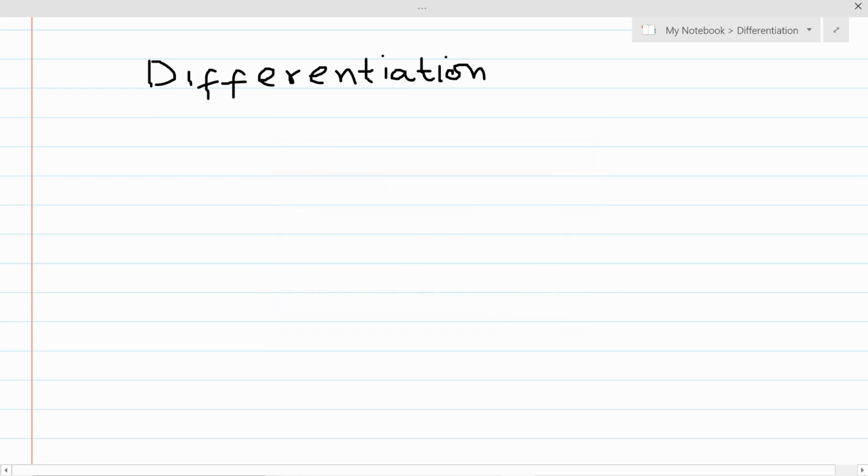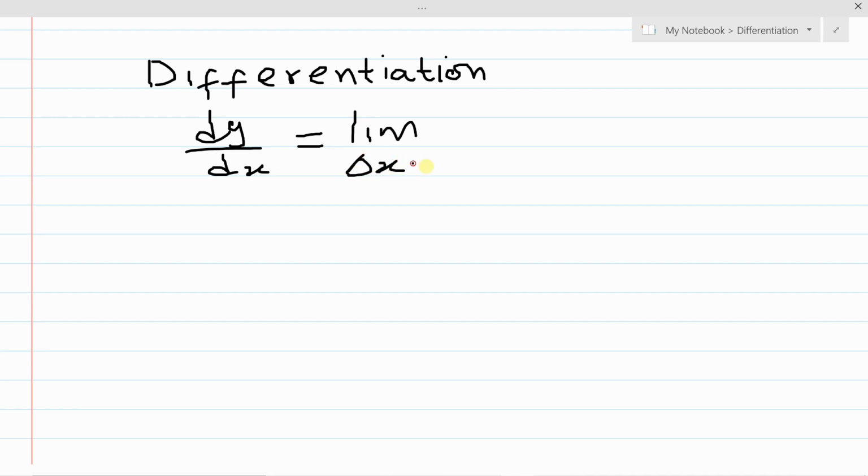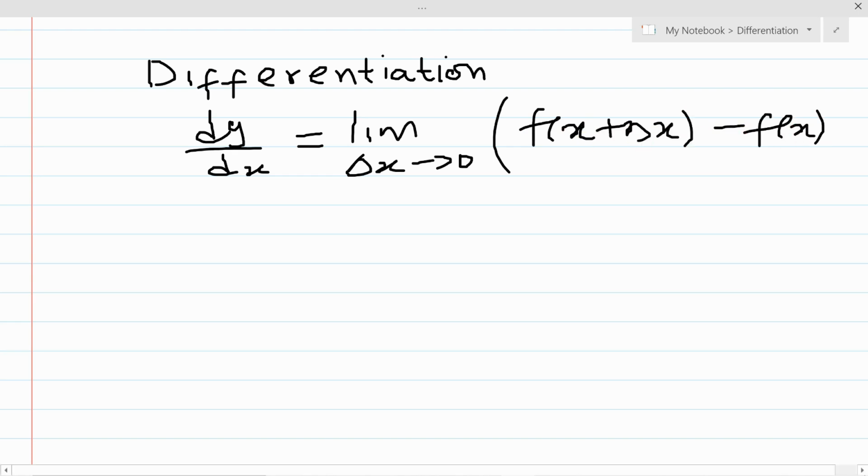So we've been able to prove that our gradient function, which is dy/dx, is given by the limit as delta x approaches 0 of f of x plus delta x minus f of x, all over delta x.